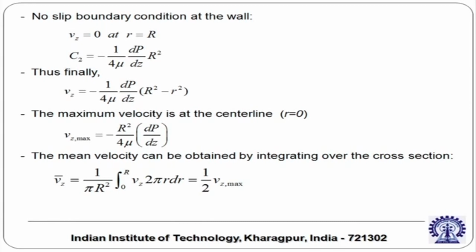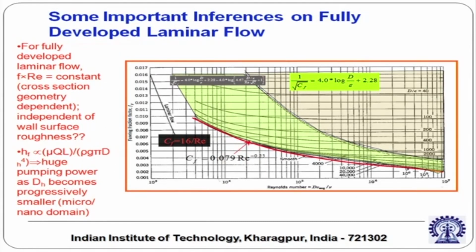So, so far we have discussed the fully developed laminar flow. So, this diagram I have purposefully put in this context. You can recall that this is nothing but the Moody's diagram, and we will try to understand which regime is important for us in microfluidic applications.